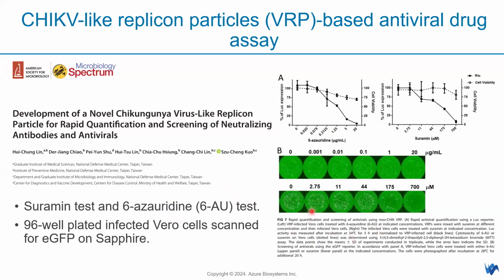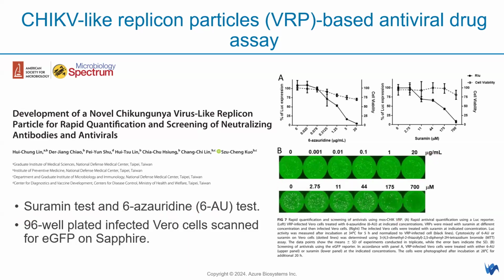But in this example, they are not really looking at microneutralization. This is actually infected viral cells seeded in a 96 well plate. Okay, so they're looking at antiviral activity with suramin and also the 6AU test, right? They scanned in this 96 well format.